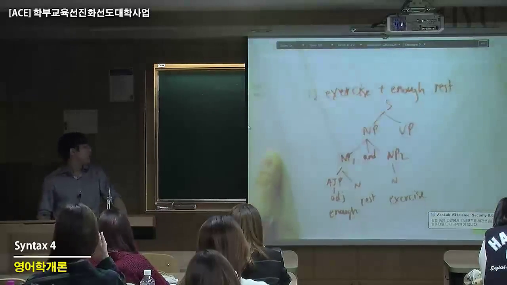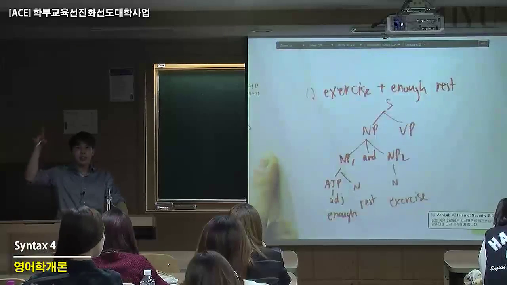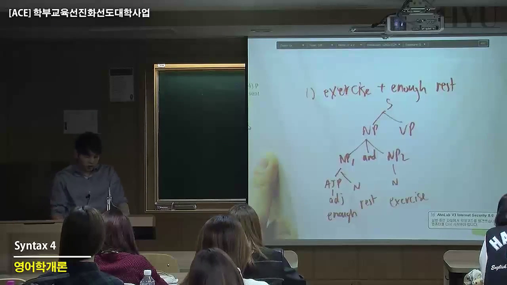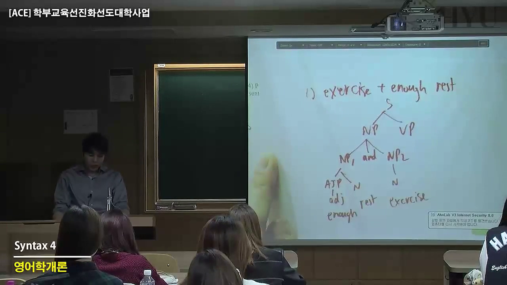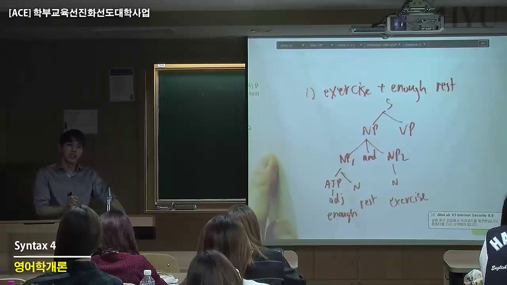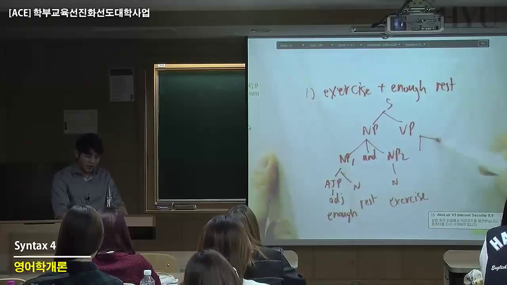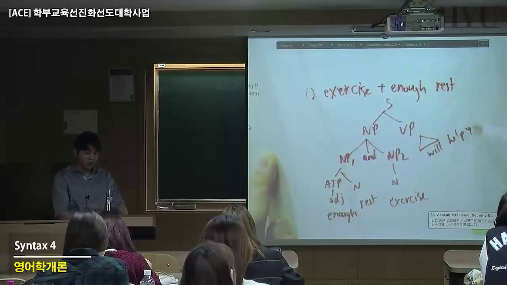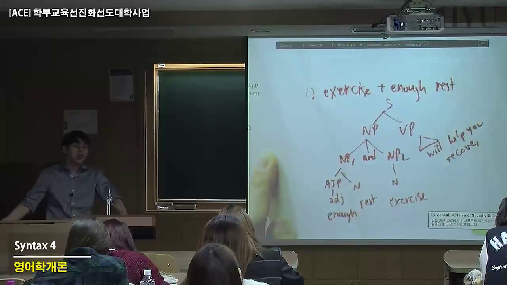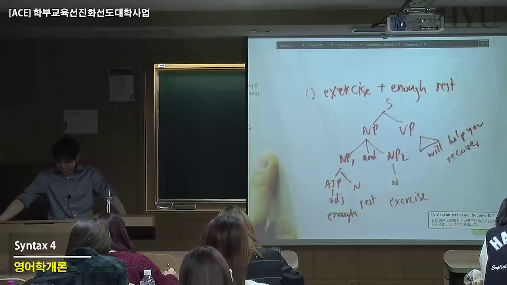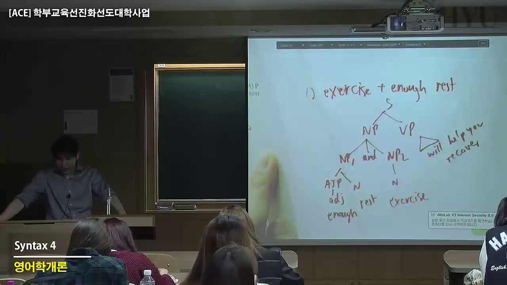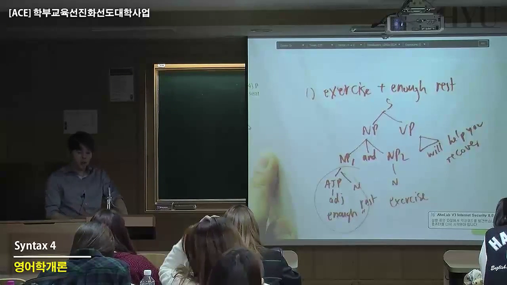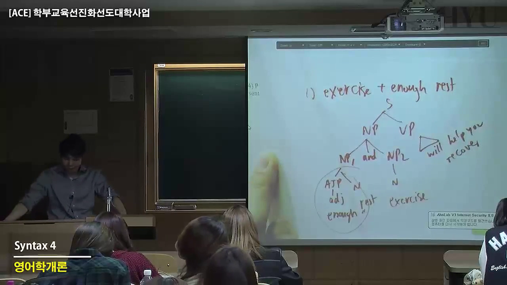Will help you recover. So you have will as the aux, help as the V, and then you as the NP, and then recover. We'll talk about that type of clause today. So for now, you can just use the triangle for will help you recover, just a shorthand. So that's the first case where you have enough working only with rest, but not the exercise, okay?